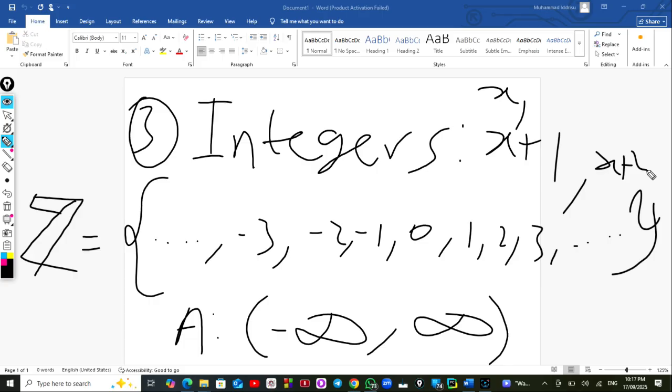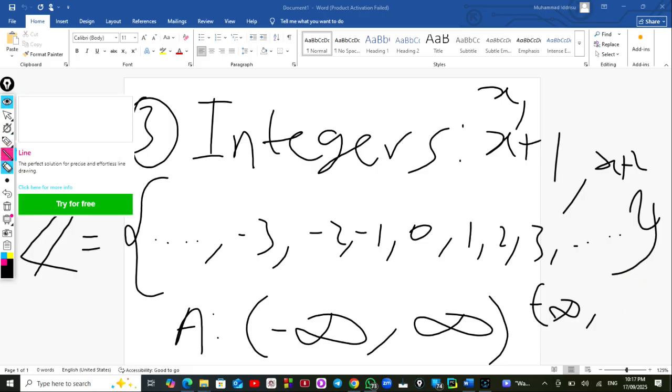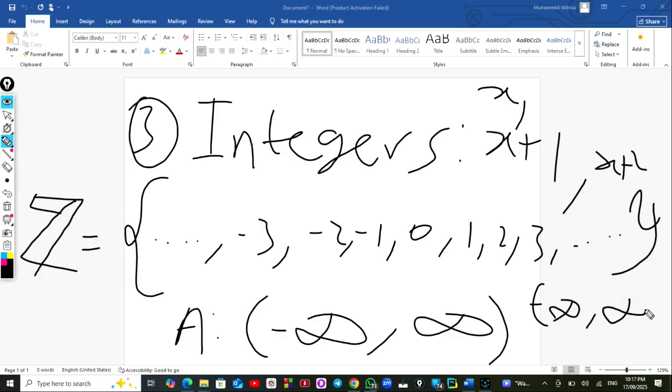Whilst negative infinity to infinity isn't a countable set. It's an infinite set. You will say this one is also infinite, and well, we don't know the end. If you tell me maybe this one will end at 1,000, I can count, I have the patience to do the counting.